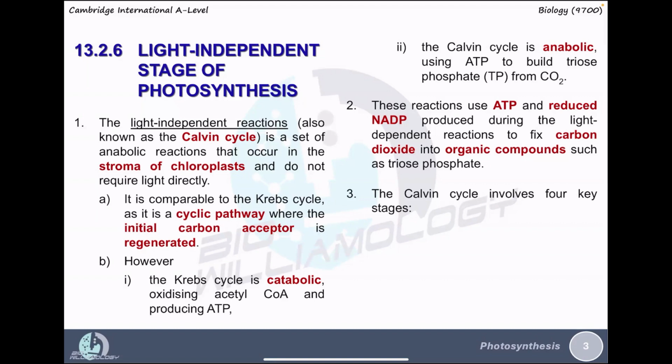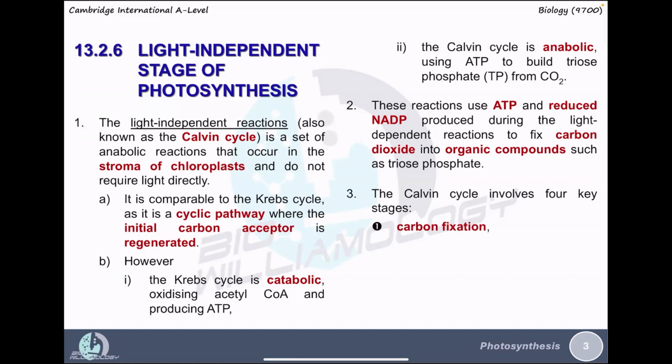Generally, the Calvin cycle involves 4 key stages. The first 3 stages are involved in the Calvin cycle. However, the last phase is not really a part of the cycle, but it is a branch from the cycle.